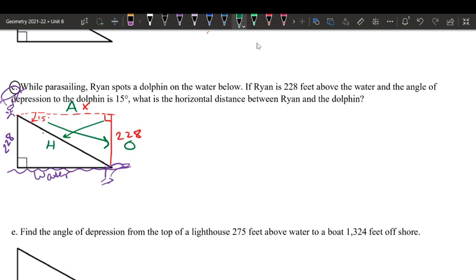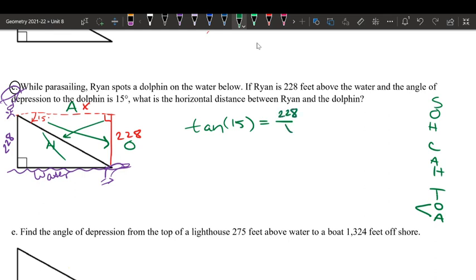Okay, so I'm not going to use the H. I'm going to use O and A again. So this is tangent, because O and A are only together for tangent, TOA. So this is the tangent of the angle, 15 degrees, equals opposite over adjacent. Opposite is 228. Adjacent is x.